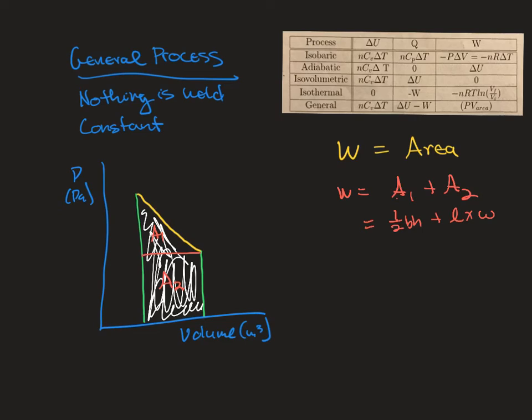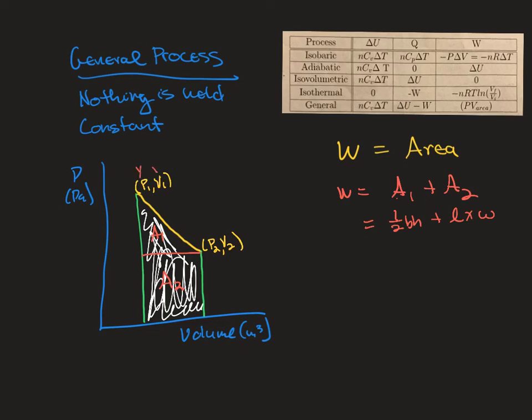I'm now going to use my given pressure and volume values to define the sides of the triangle. So here we're going to have P1, V1, and here we're going to have P2 and V2 as my XY pair. Keep in mind I wrote these down backwards.